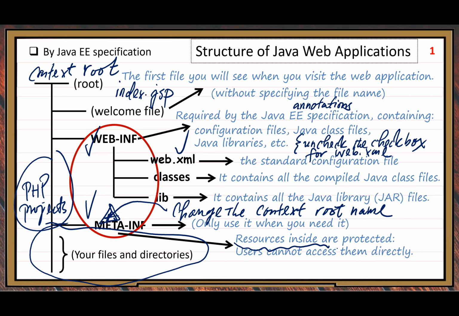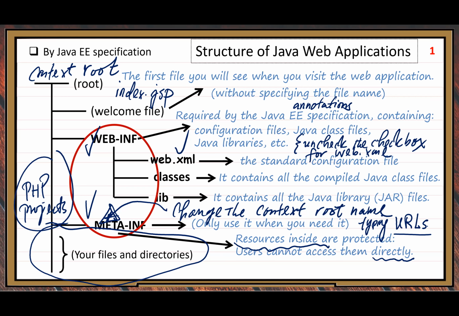Users cannot access them directly. What do you mean directly? Typing URLs. We know each resource has a corresponding URL inside your web application.